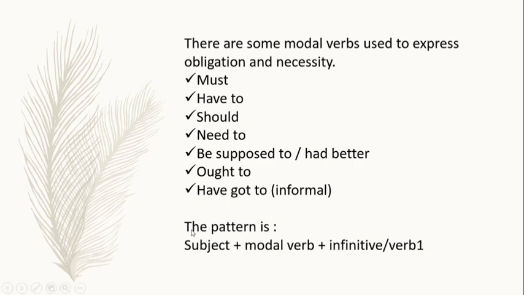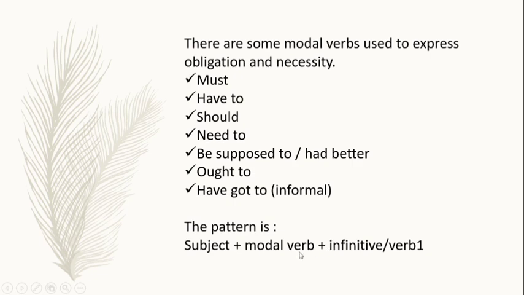Next, the pattern. When you want to make a sentence that expresses obligation, you put a subject. Of course, you still remember what a subject is. Subjects are you, they, we, he, she, it, Lita, Anton, Dewi, and Sandra. Then it is followed by a modal verb. This is the modal verb that you can use to express obligation. You can choose one.